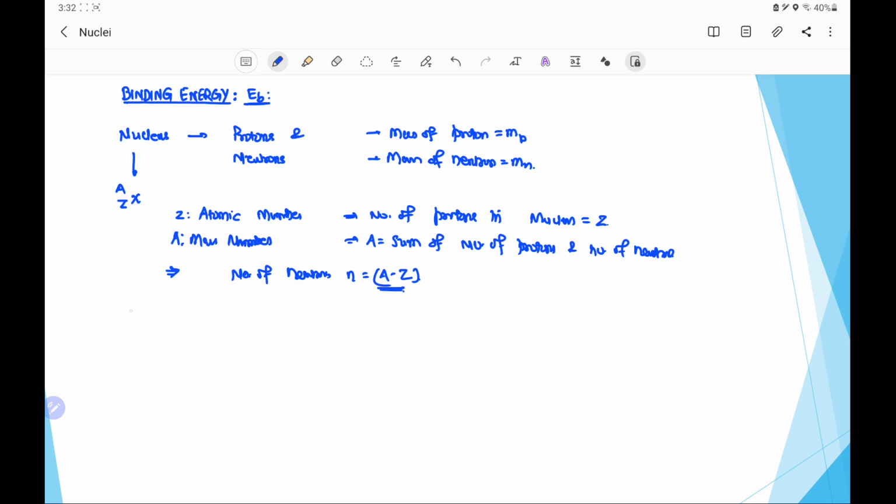Therefore, the mass of constituent particles, that is protons and neutrons of a nucleus, is equal to Z are the total number of protons and mass of a proton is mp.